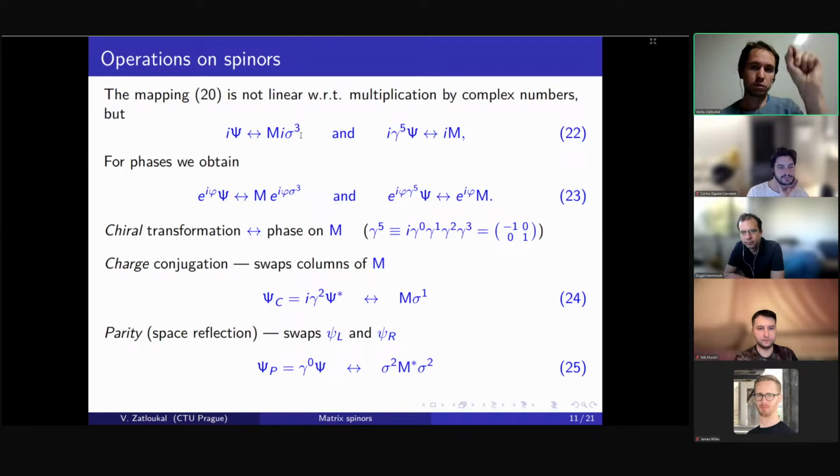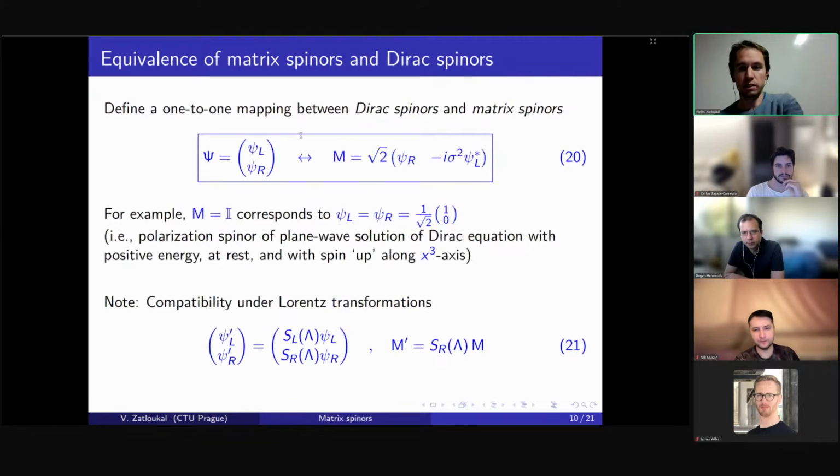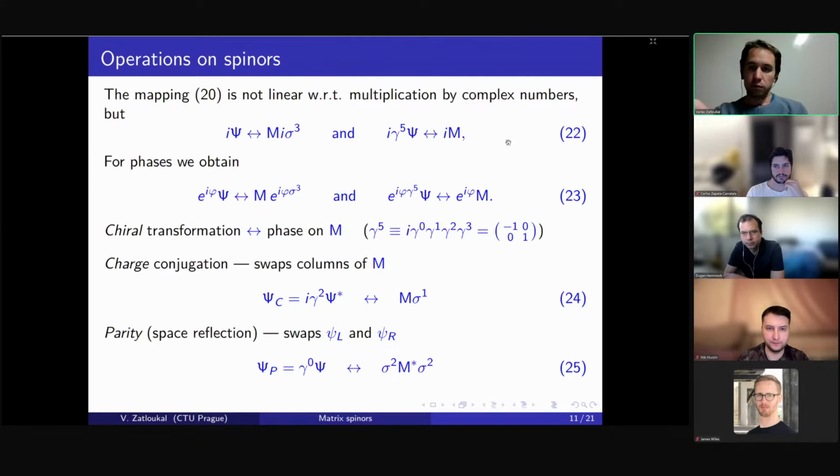There is sigma 3, which is 1, minus 1, and this takes into account that multiplying by i, the i is conjugated in the second column. On the other hand, if one multiplies by i the M, then one gets gamma 5 matrix acting on the Dirac spinor, where gamma 5 in the Weyl representation is just minus 1, 1 on the diagonal. So again, it takes into account this funny thing with the signs.